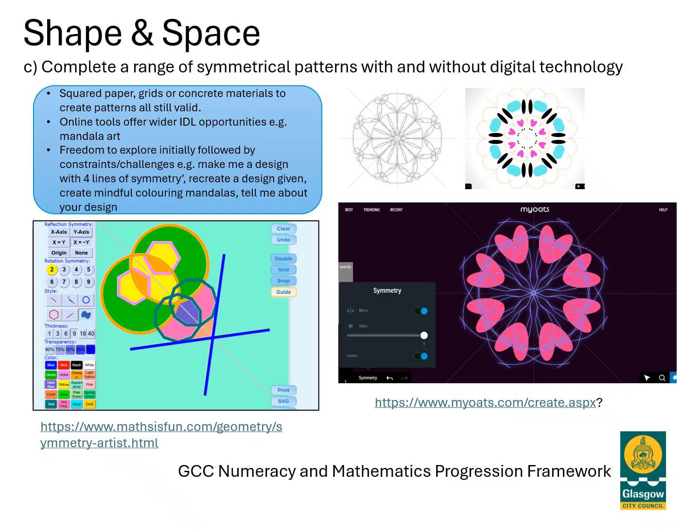And by this point in the progression, we are moving on to applying our knowledge and being able to see how digital technology can help us with design and symmetry. Lots of possibilities with IDL sequences around design and architecture and particular areas of art.